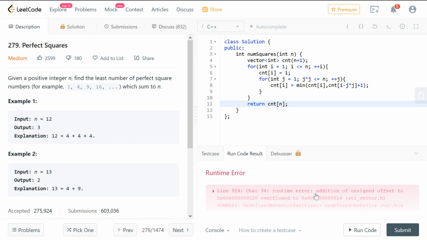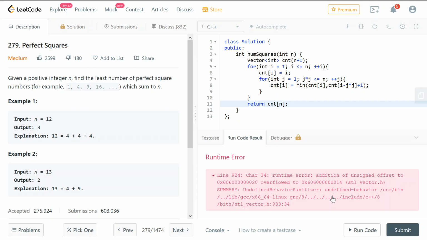Something does not work. What's that? It could be overflow in this number. We have n equals 12.